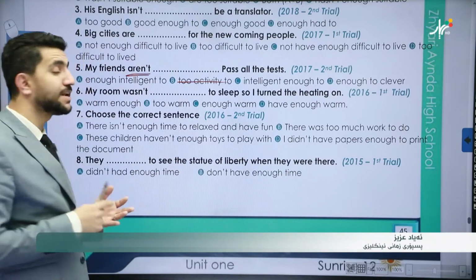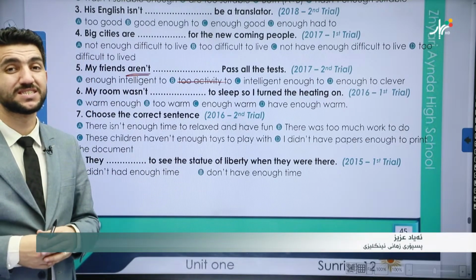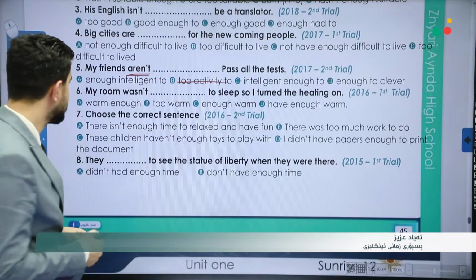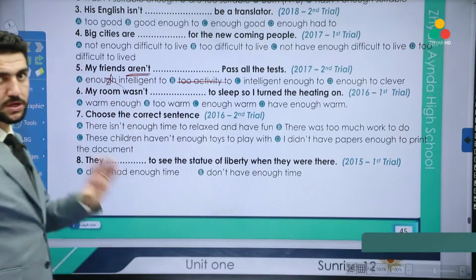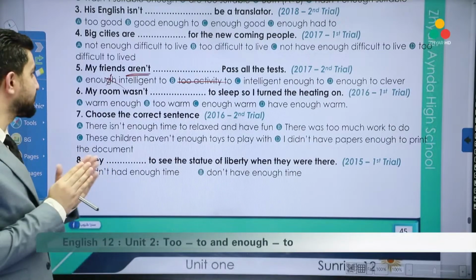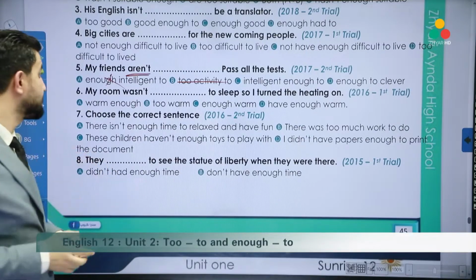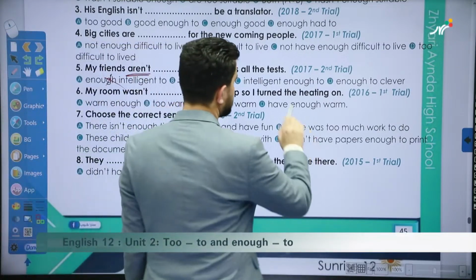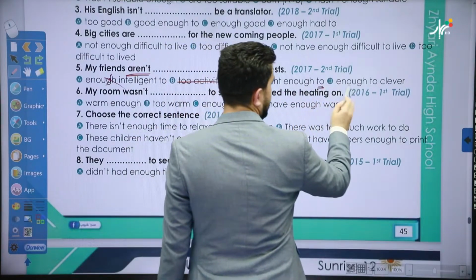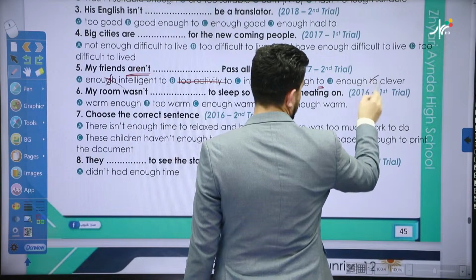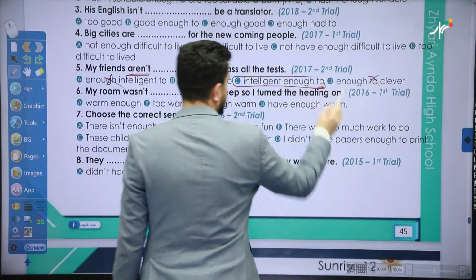Since we don't have there is and have and has, enough doesn't come at the beginning, it comes at the end. Enough intelligent? Wrong. We said enough is not at the beginning right now because there is no have and has. Okay. These two. Intelligent enough to... too clever. No, wrong. "To" has to be like this.